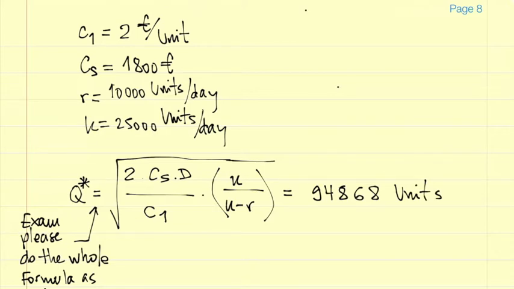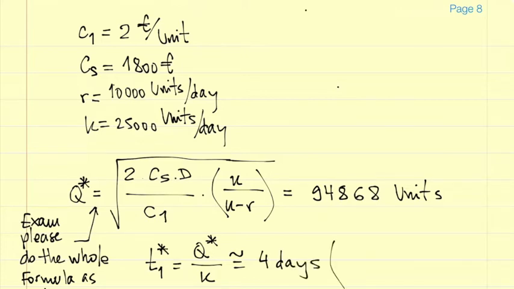Optimum length of time between orders, T sub 1 star, is Q star divided by K, so around 4 days. So this is 94868 divided by 25,000.